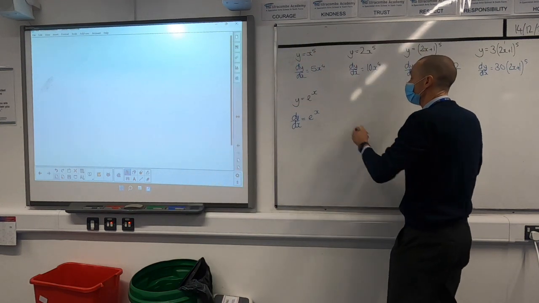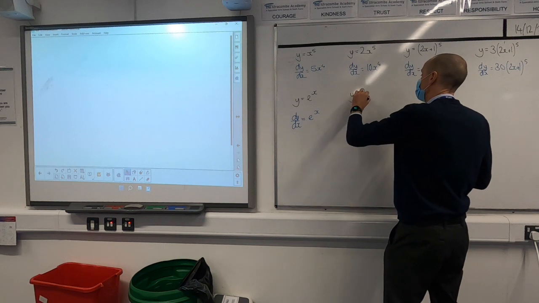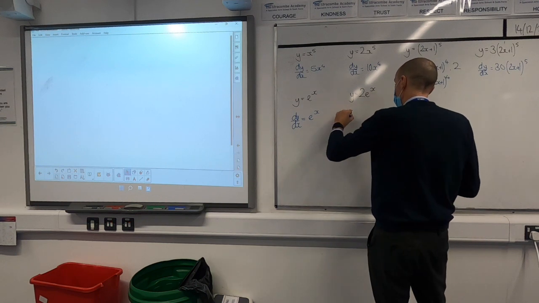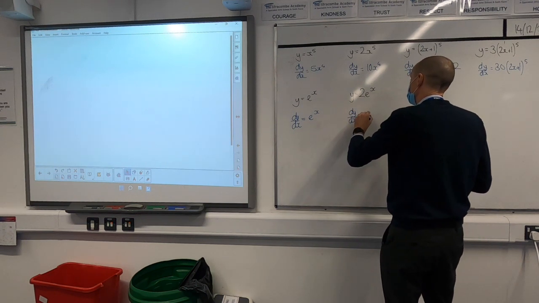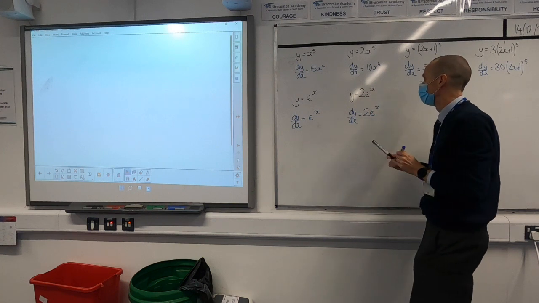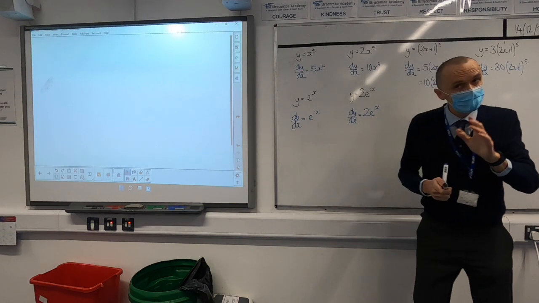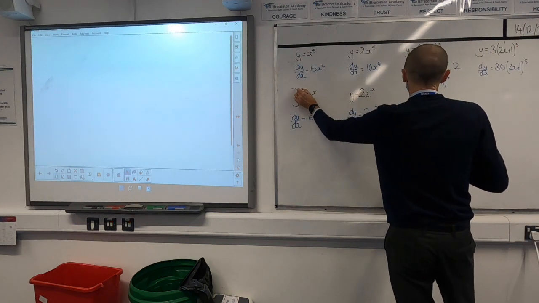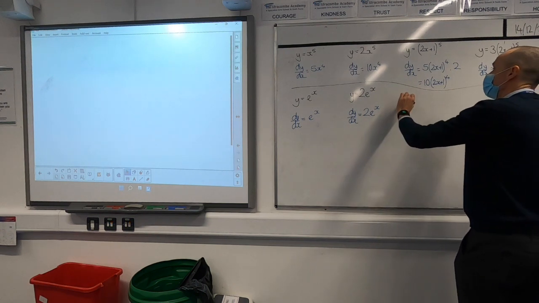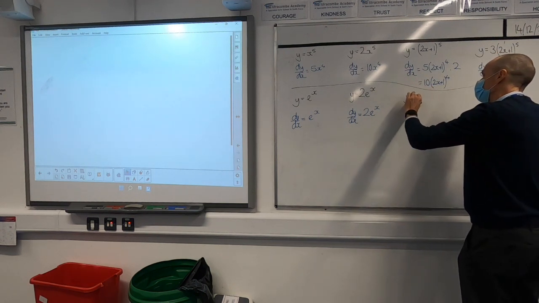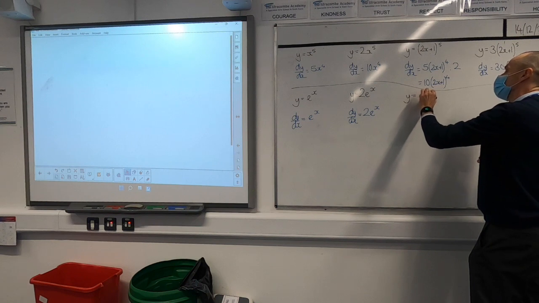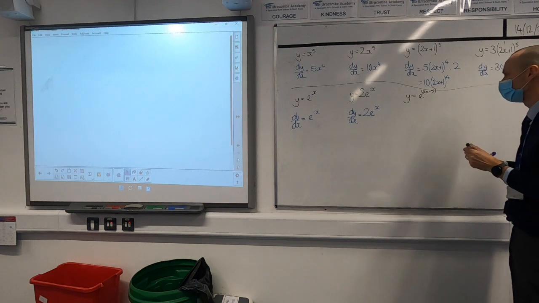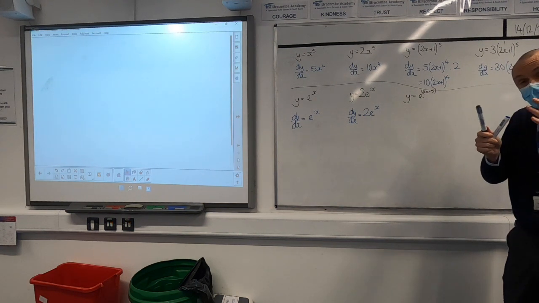And if there's a coefficient in front, well, that just stays there. And we can also use the chain rule, because if it's not e to the x, if it's something like e to the power of 3x minus 5, for example, I don't really need brackets there, but I'm going to put brackets there, well, we use the chain rule.